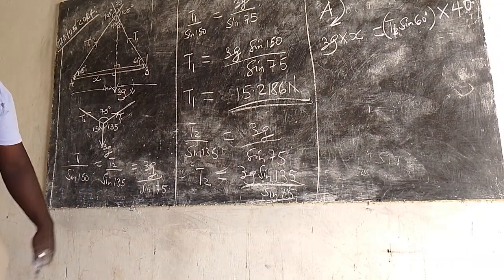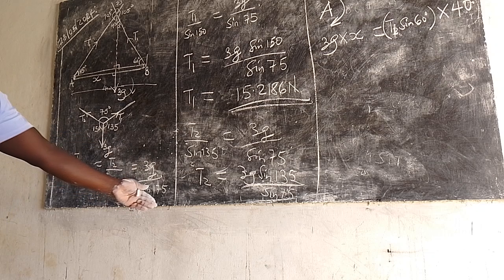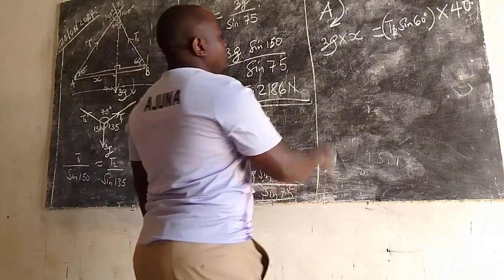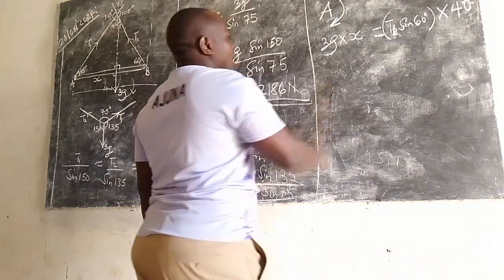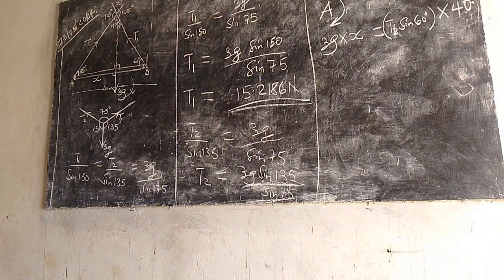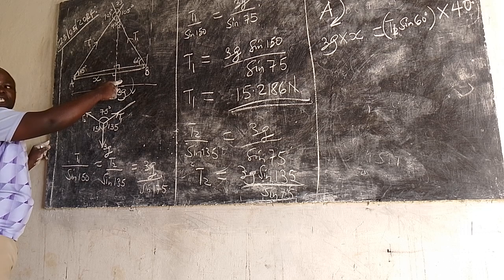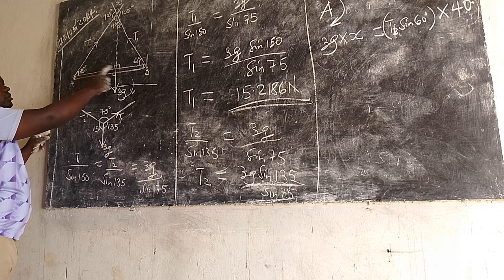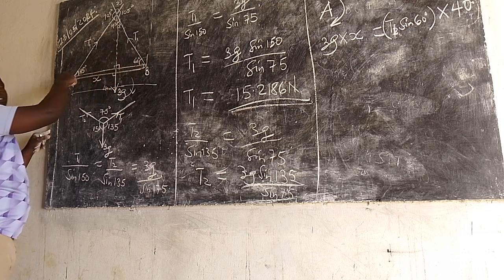The rest is algebra. 3g times x is equal to T2 sine 60 times 40.